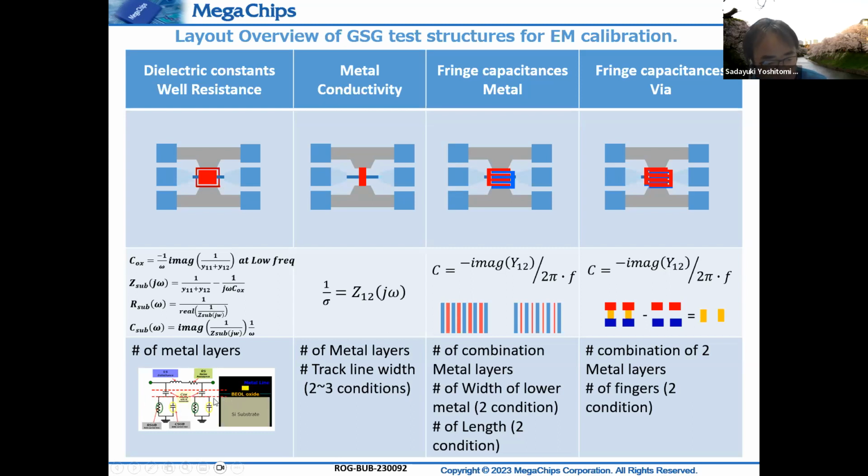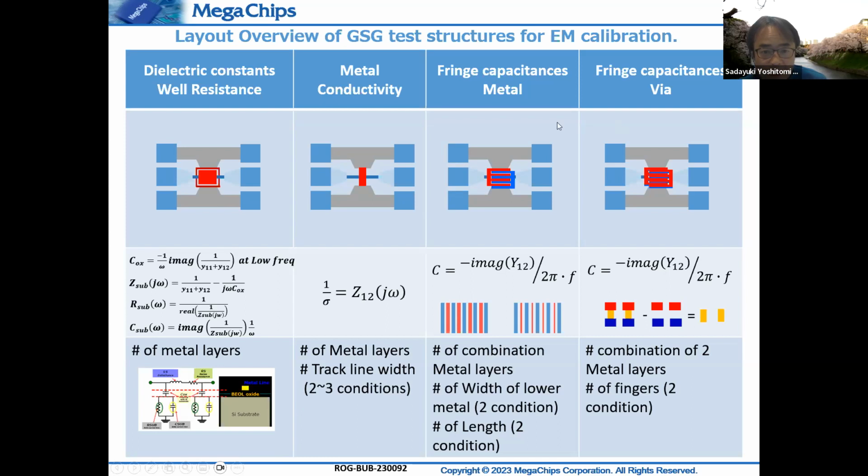These are the parasitic impedances in the silicon substrate. So these four parasitic parameters can be calculated based on this test structure by using Y parameter matrix manipulations.